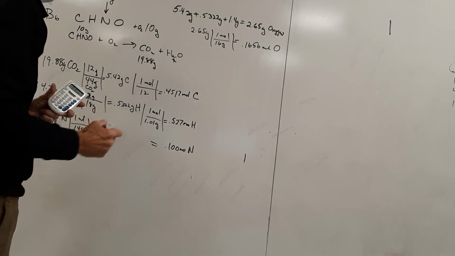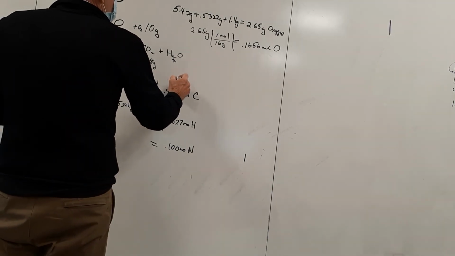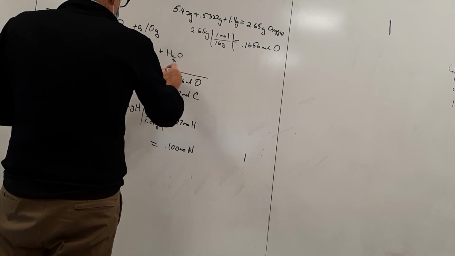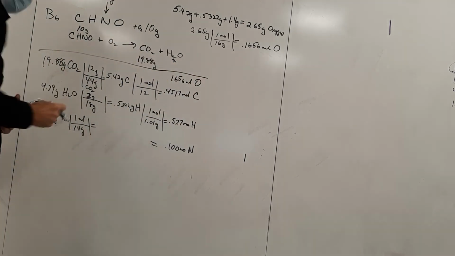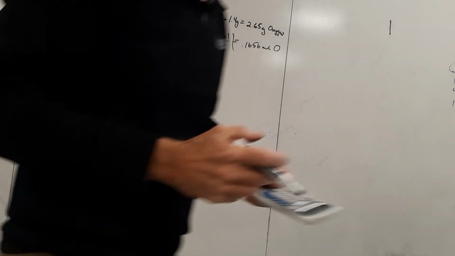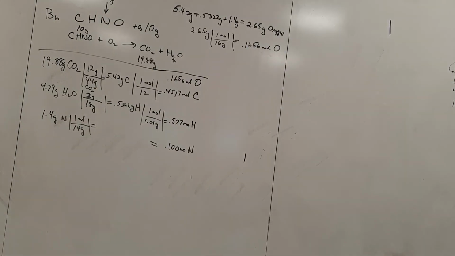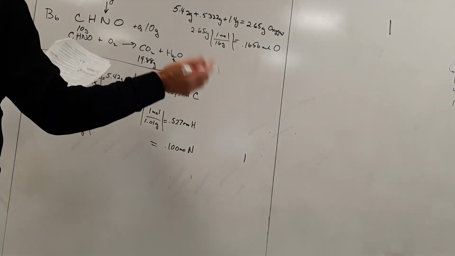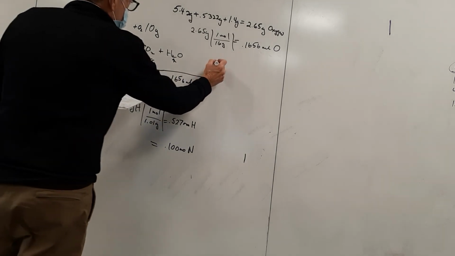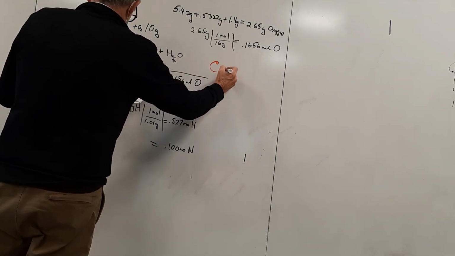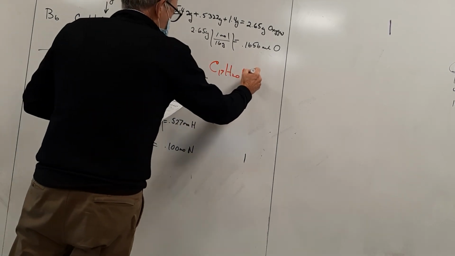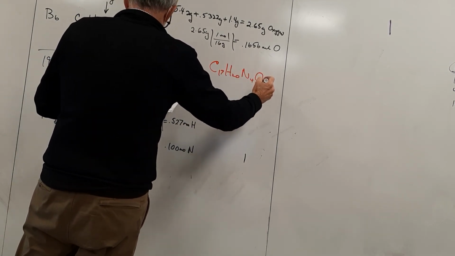Well, as you can see, these numbers are way crazy. And if I was going to try to do this, I would keep pounding away, dividing by the lowest number, and I would end up with something like C17H20N4O6.